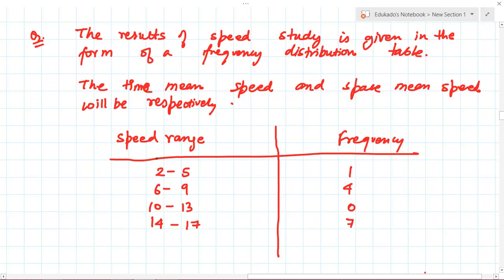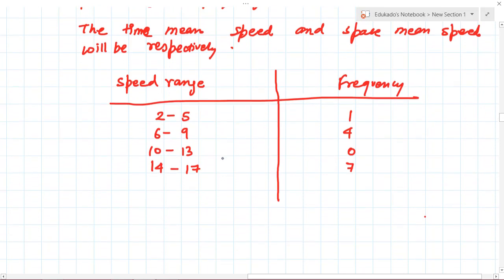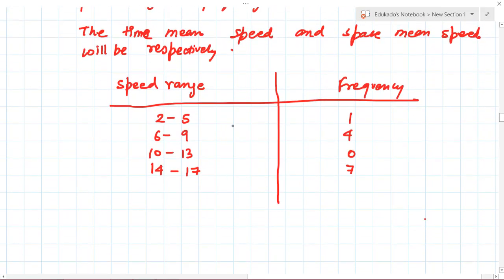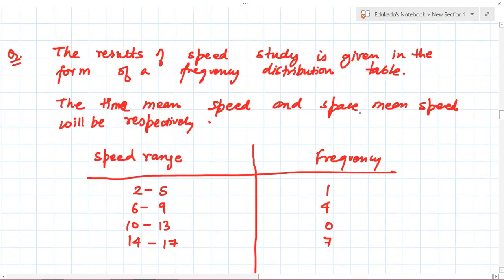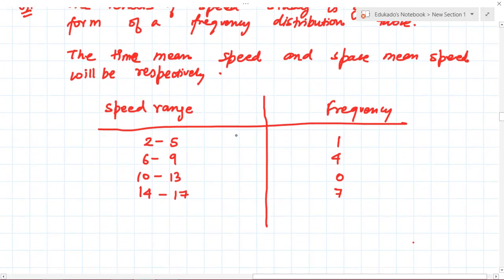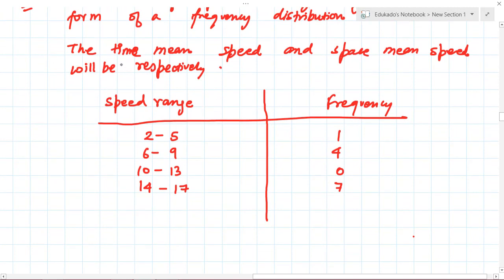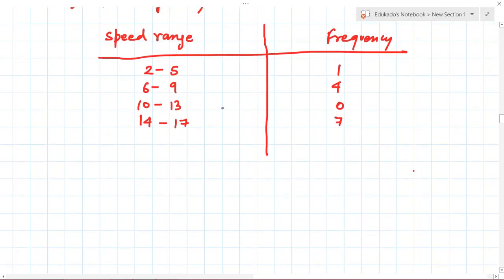When the speed range was 2 to 5, only one vehicle was moving at that speed. At 6 to 9, 4 vehicles were moving, and at 10 to 13 there was no vehicle, and so on. Let's complete the question first. We need to calculate the time mean speed and the space mean speed.